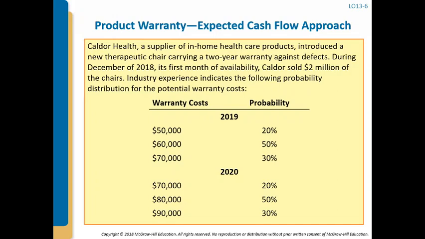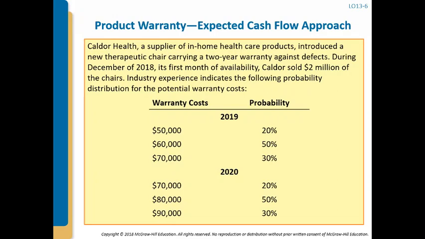And then in 2020, we have the probability of cash outflows due to warranties of $70,000 at 20%, $80,000 at 50%, and $90,000 at 30%.